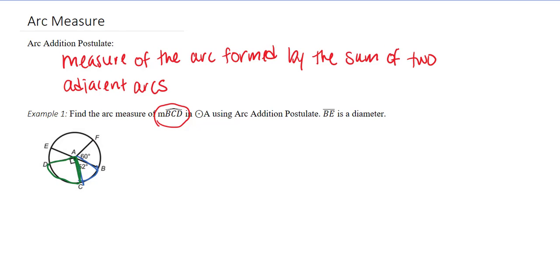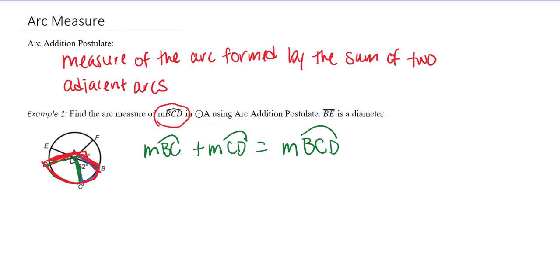So we have arc BC plus the arc of CD, which makes up this larger arc BCD. So these two smaller arcs make up this larger arc here.